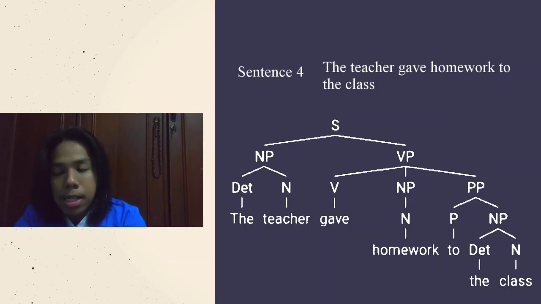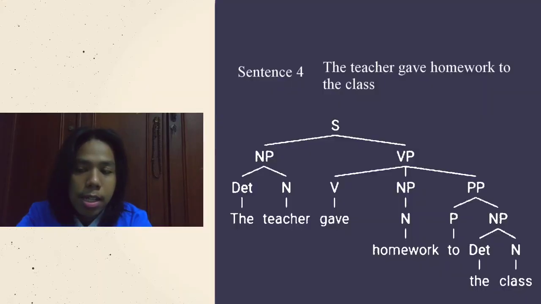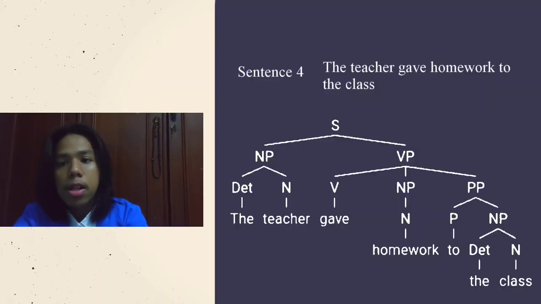So "the teacher" is a noun phrase. And for the verb phrase "gave homework to the class," "gave" is on the same level as the noun phrase "homework," which is the object of the verb "gave."